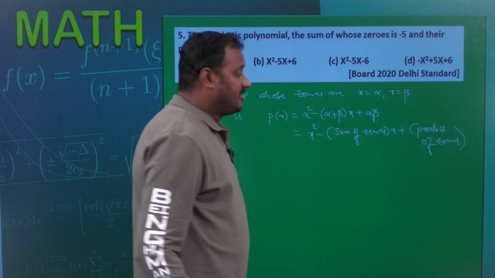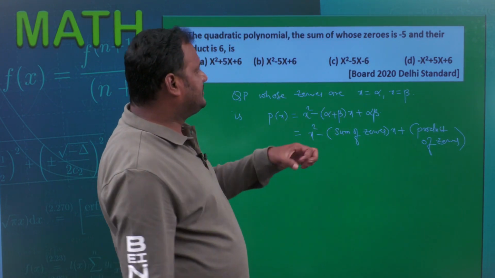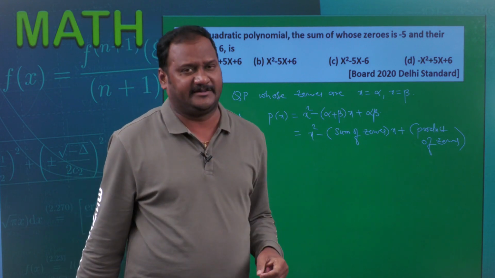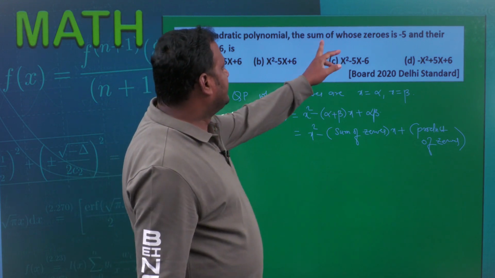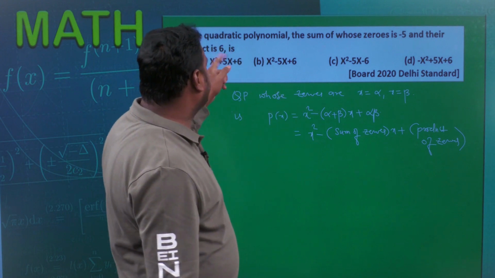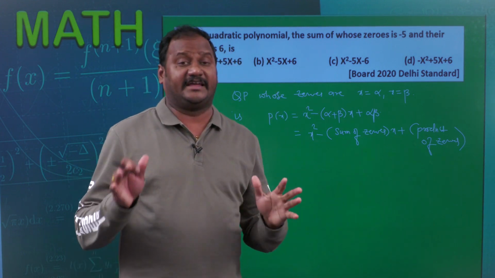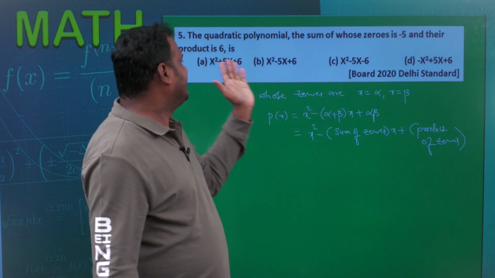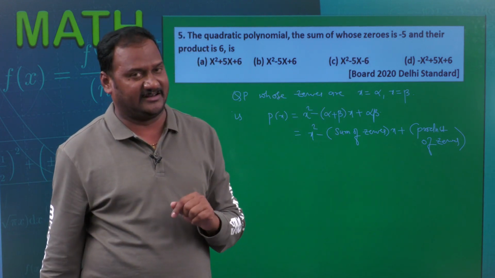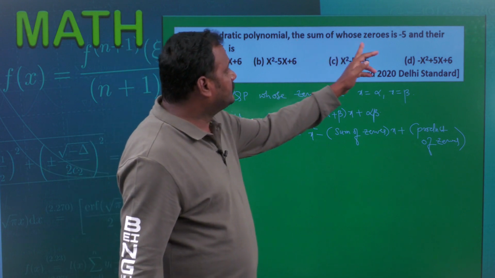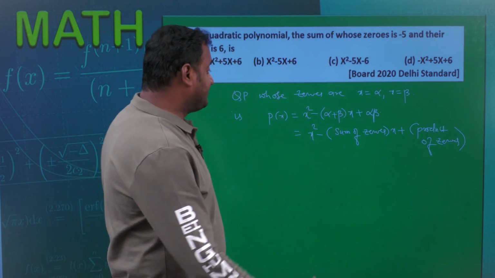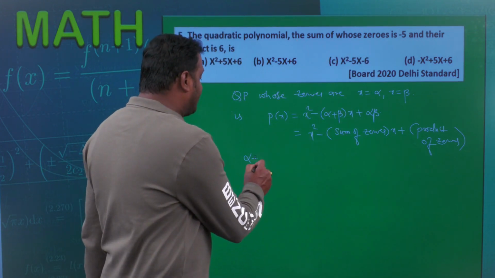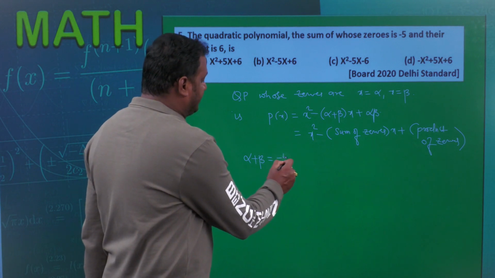See here, what is the given problem? Here students make mistakes mostly. They feel that sum of zeros is minus 5 and product of zeros is 6, so they feel that alpha is given as minus 5 and beta is given as 6. No, not at all. Here the sum of whose zeros is minus 5 means alpha plus beta is equal to minus 5.